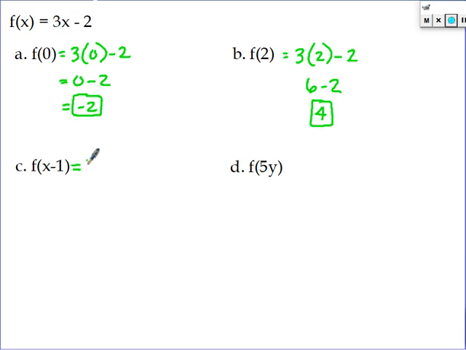And when I'm plugging in, I always put whatever I'm plugging in parentheses. That way I remember to distribute. So see, even here with a number, I put that in parentheses, just so I need to distribute if necessary. So this one will become 3x minus 3 minus 2. I can combine like terms to make it 3x minus 5.